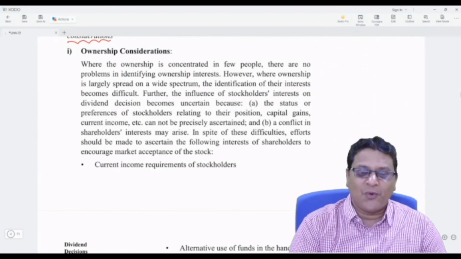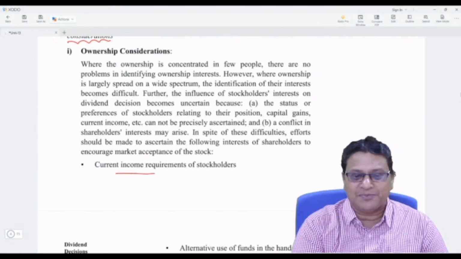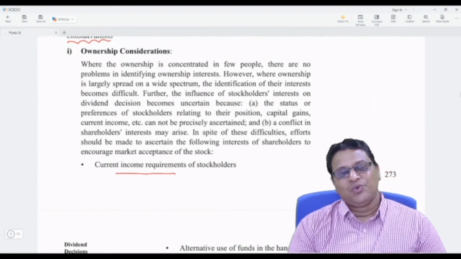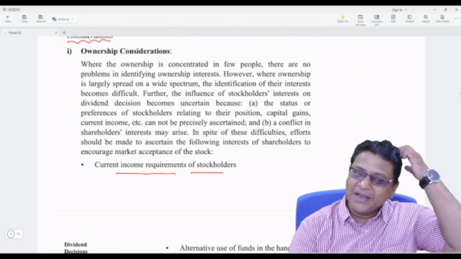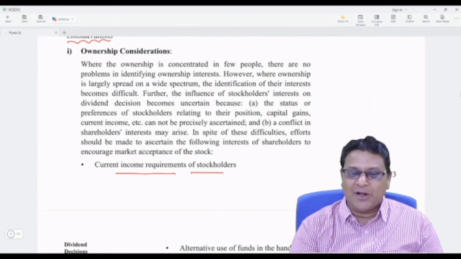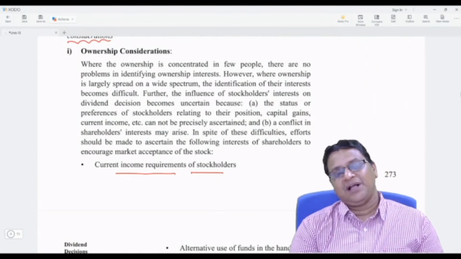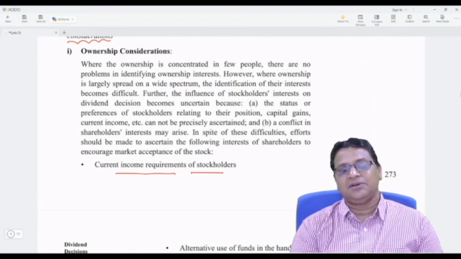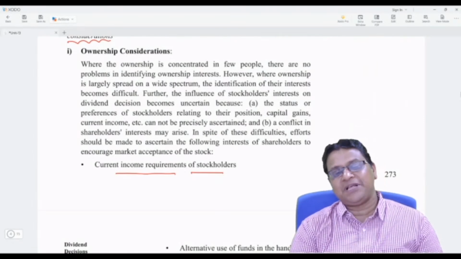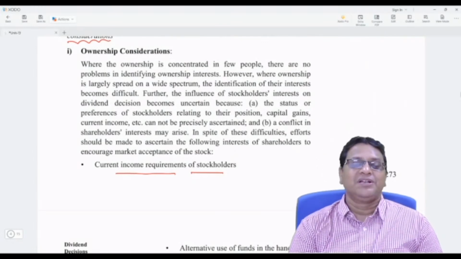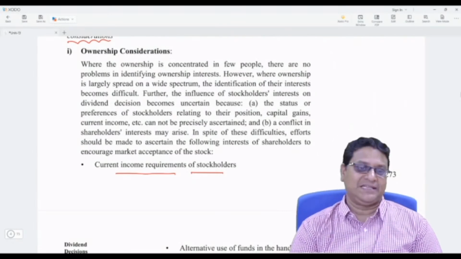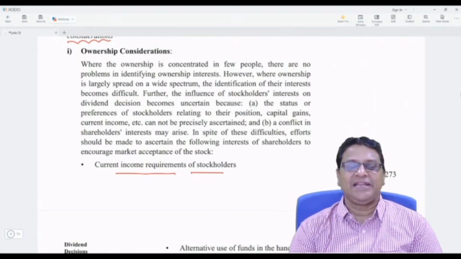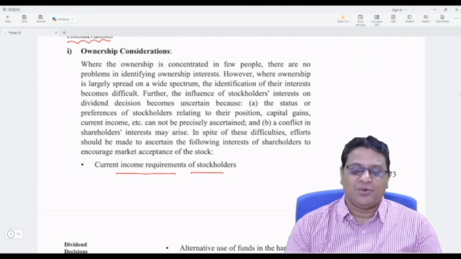First one is current income requirement of shareholders. Who are your shareholders? What is their current income requirement? Do they require income regularly? Are they old aged persons? Whether they have alternative source of income or dividend is the only source of income for them? We have to analyze. This is current income requirement of shareholders.